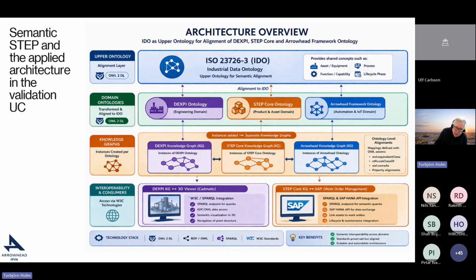So we can go from SPARQL to the SAP HANA API, and we can get data back and forth. So this is the technology stack that we've been using to validate the idea about the STEP core ontology, but also in combination with the DEXPI ontology, the Arrowhead framework ontology, and other ontologies.